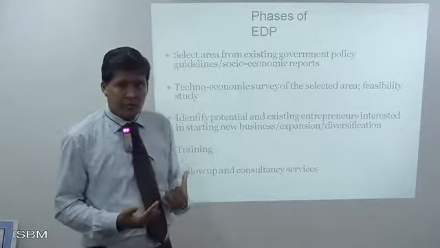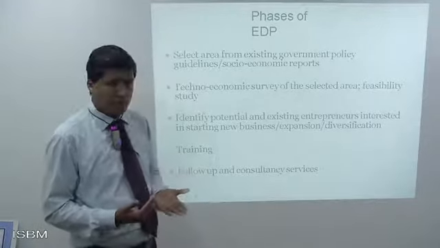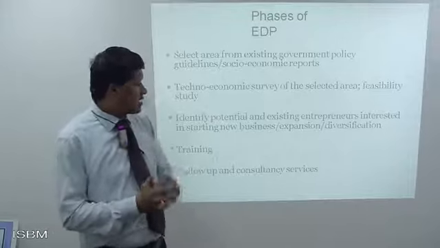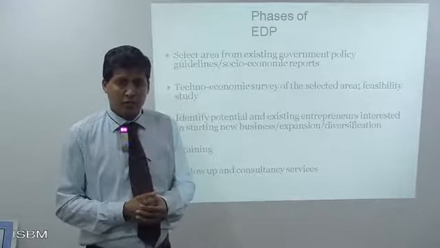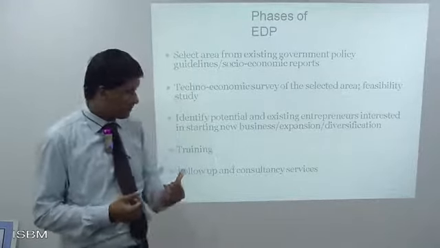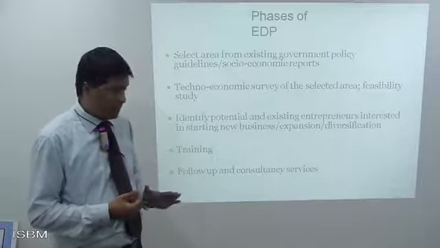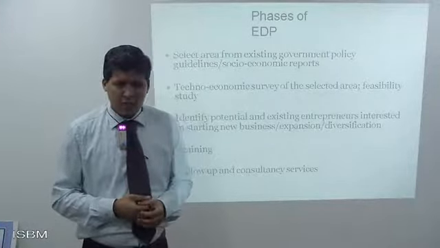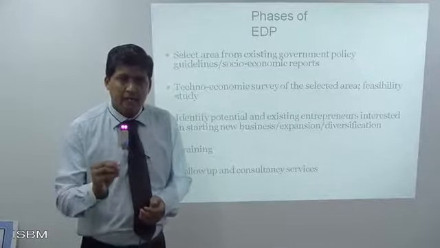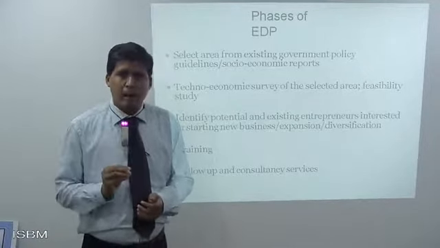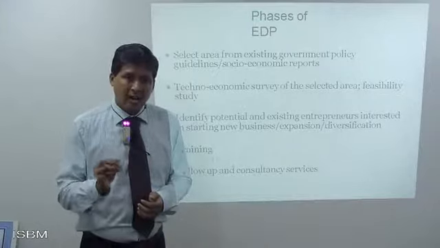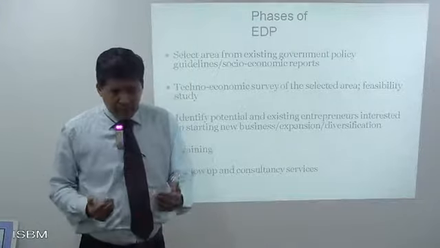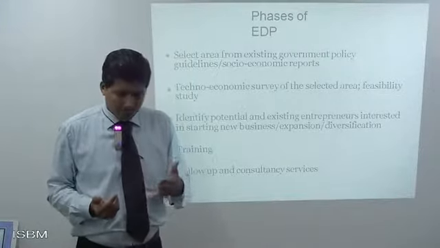Identifying potential and existing entrepreneurs interested in starting a new business, expansion or diversification. It's about training them. It's about follow-up and consultancy service. So it's not just about training at one point of time, but it's also about hand-holding as well. So training, they say, is not a one-time activity.